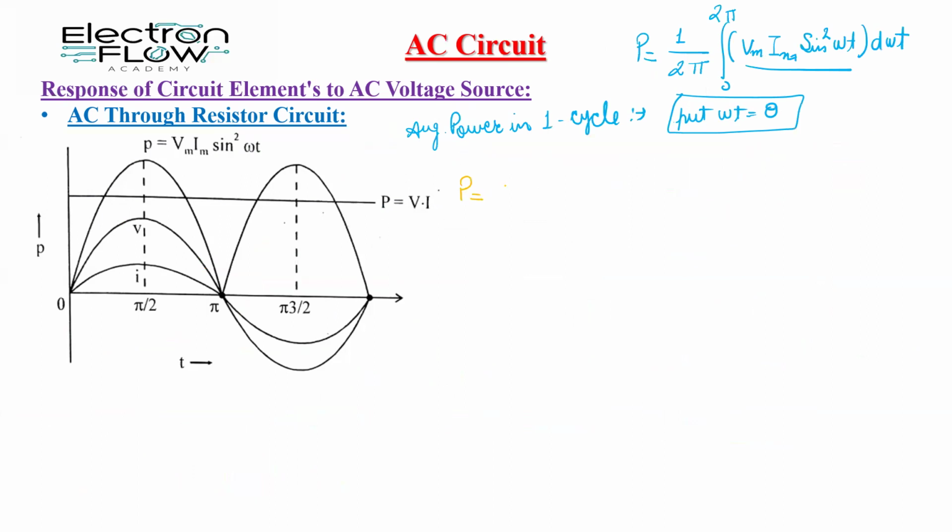Now power is given by Vm Im upon pi, integration 0 to 2 pi. As we know that sine square theta is equal to 1 minus cos 2 theta divided by 2, d theta.